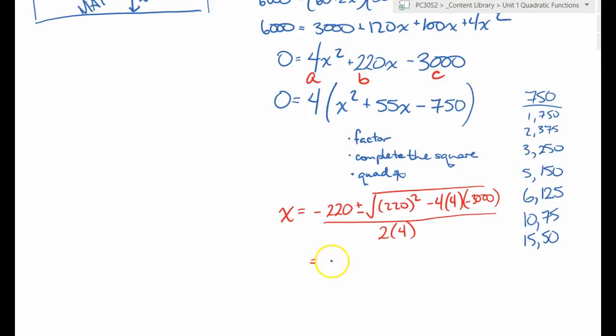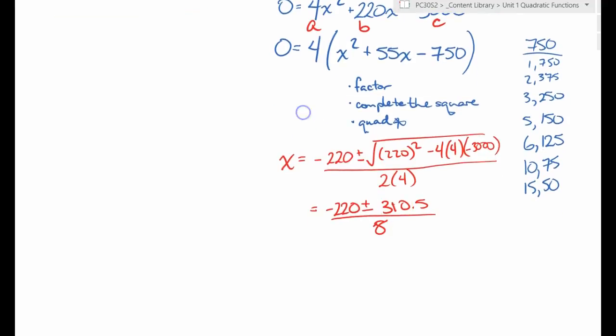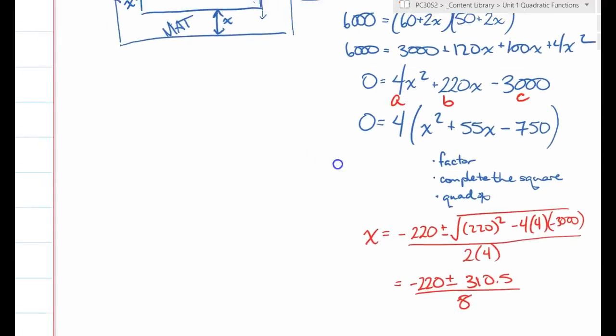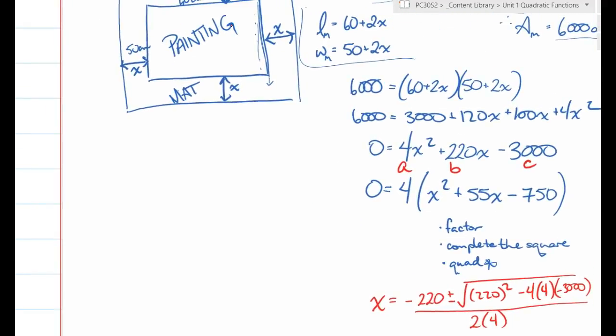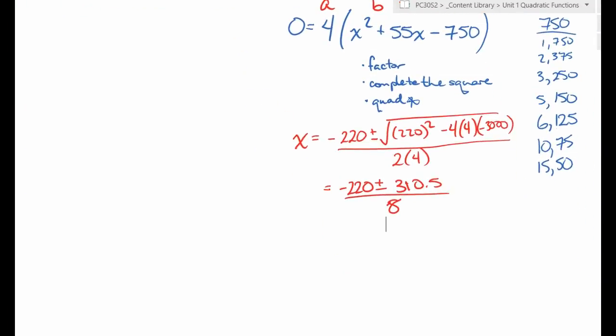So when I use my calculator, I don't even need to completely finish it to talk a little bit about this. I get 310.5 over 8. Okay, at this point, I've got 2 possible answers. Well, remember that we are talking about measurement. We're talking about distances away from a mat. So it doesn't make sense that our x value would be negative.